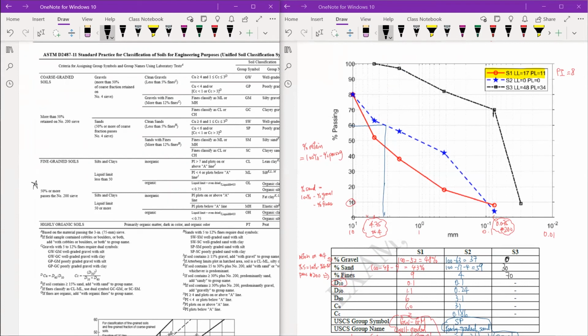So we know it's a fine grain material. Next, we assume there's no organic material here, so I assume everything is inorganic. We have a liquid limit of 48 and plastic limit of like 34. So the PI value, the plasticity index, will be the difference between the two. So PI equals liquid limit minus plastic limit.